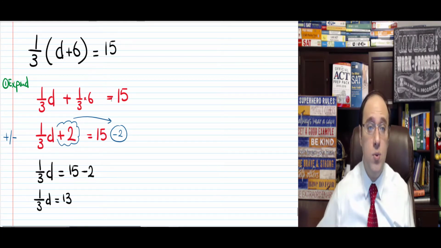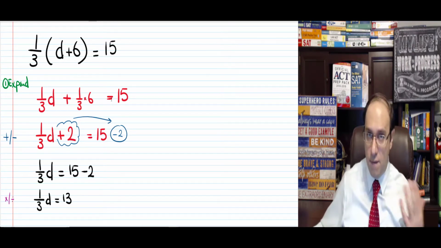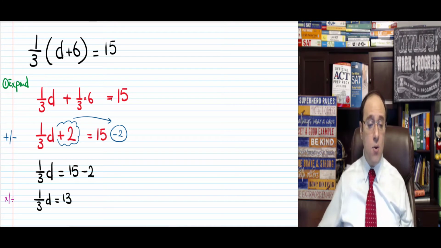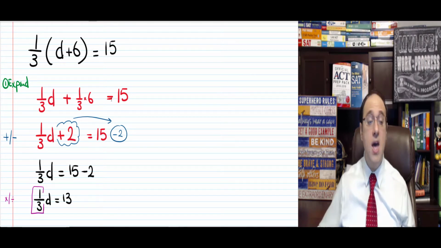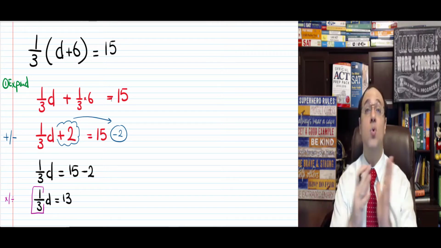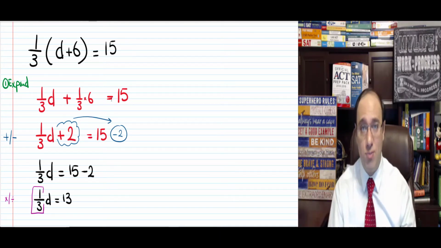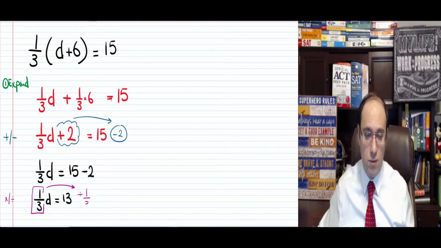Super. Now what do we do? We need to get rid of the multiplication or the division with the variable, with d. Here I have 1/3. All of this I'm going to consider one thing, one number. 1/3 d means 1/3 times d, which means d times 1/3. So it's multiplication on the left, moves to the other side as divided by 1/3.